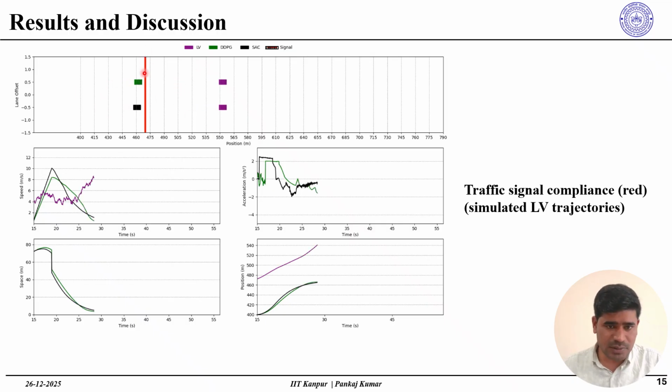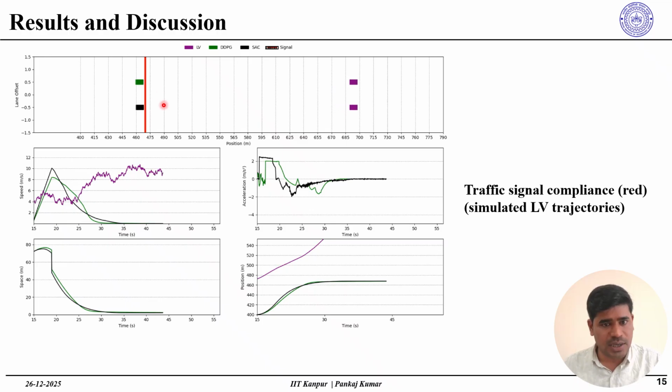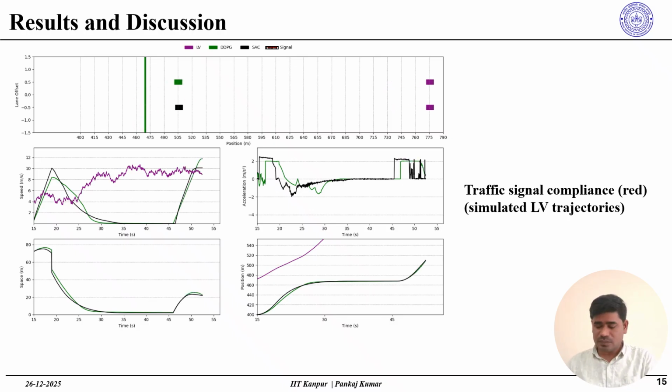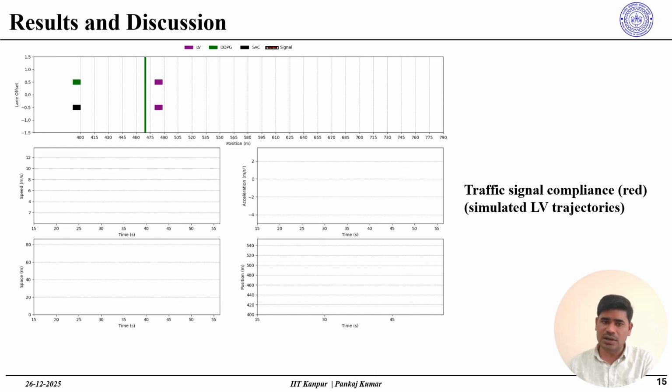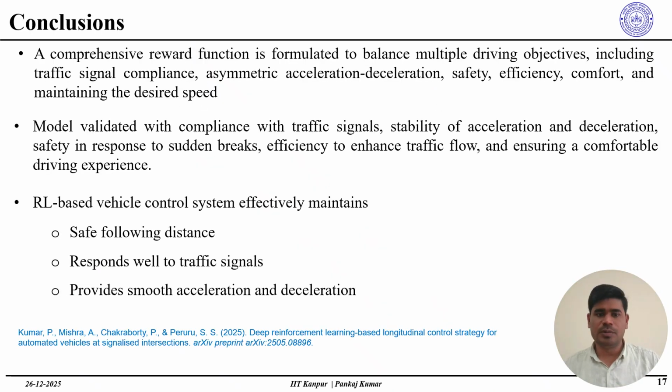As we can see, whenever the signal is red, our RL model stops before the stop line, which means it does not violate the traffic signal. When the signal turns from red to green, the RL vehicle starts moving, as we can see particularly in this figure. In this case, the vehicle is clearly maneuvering through the traffic.